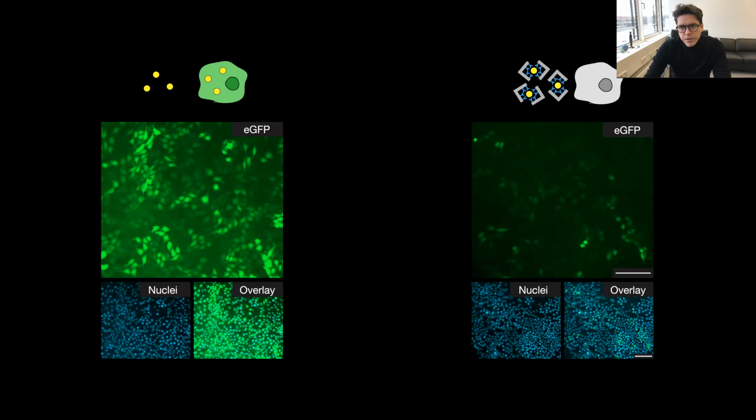If you have the viruses and no neutralizing agent in solution at all, in the conditions that we picked here, almost all of the cells are turning green. These are all the nuclei, and I think close to 90% of all the cells are turning green under these conditions.